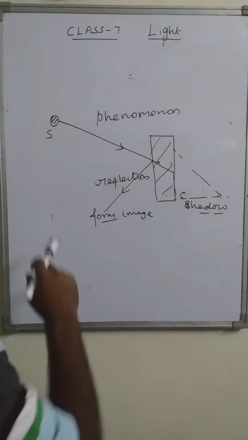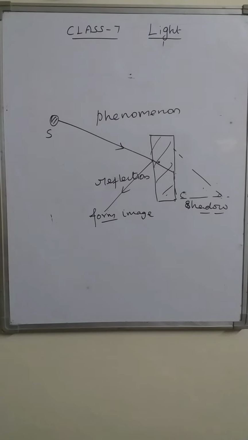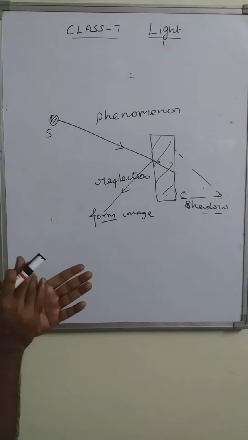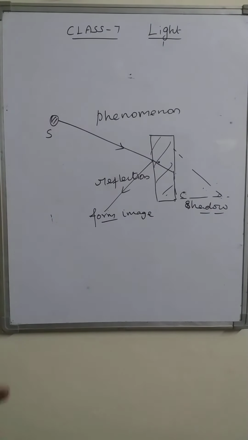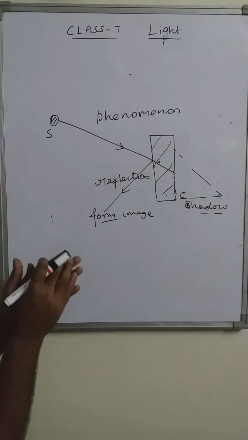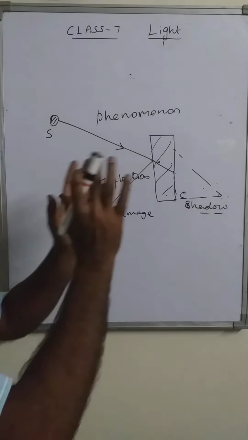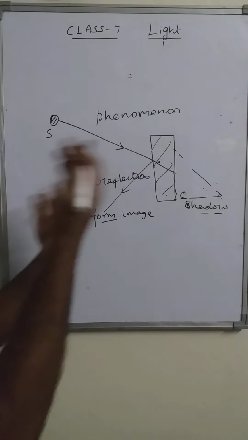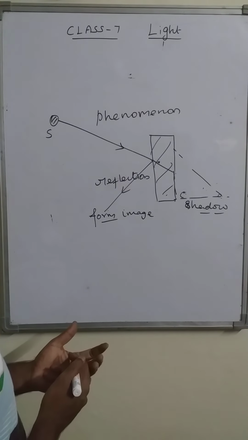But all surfaces are not able to form the image, because due to reflection, we are seeing the image from certain surfaces only, not from all surfaces.